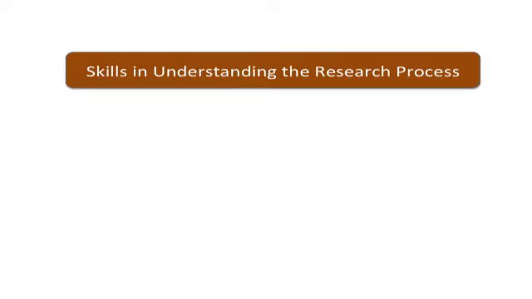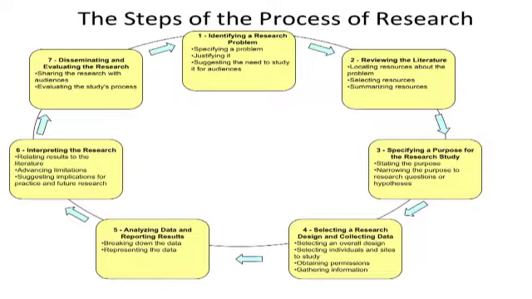So let's first start with the general research process. As we all know, when you do a research project, there are certain steps that a person goes through, whether it's quantitative, qualitative, or mixed methods research. I've put together a visual here that shows the general steps in the process of research for mixed methods research.